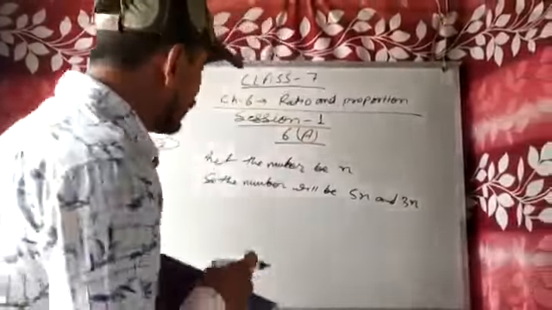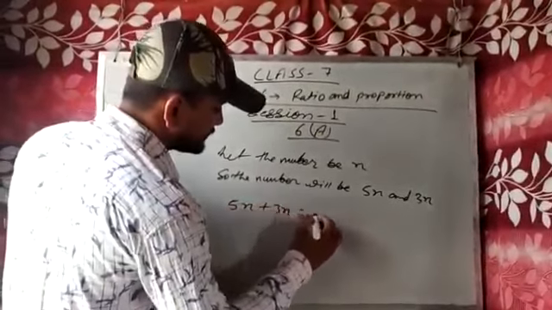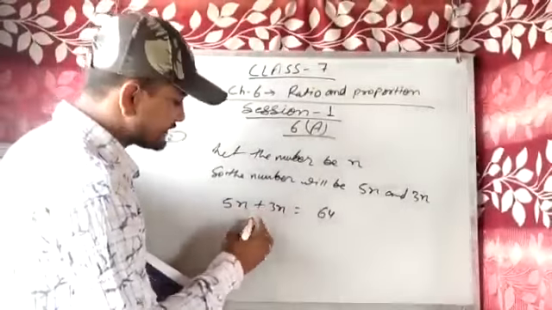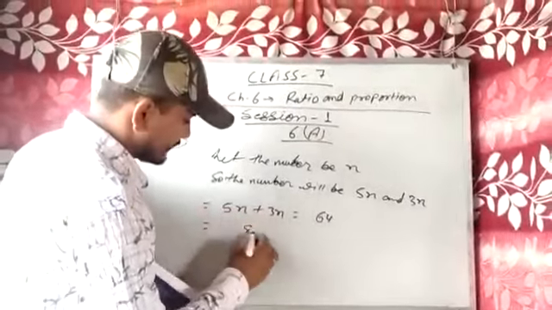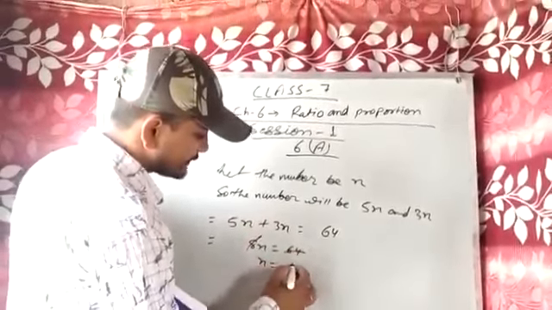Okay, now what I'll do, 5x plus 3x is equal to 64. So 5x plus 3x, that means 8x is equal to 64. So the value of x is equal to 8.